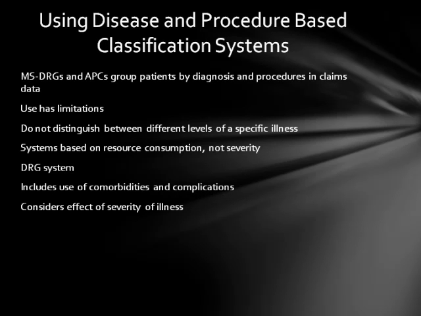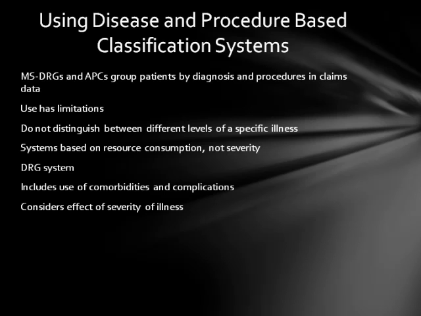Okay, so using disease and procedure-based classification systems. We already covered the MS-DRGs and the APC groups, which group patients by diagnosis, procedures and claims data. Groupings of patients do not distinguish between different levels of a specific illness.